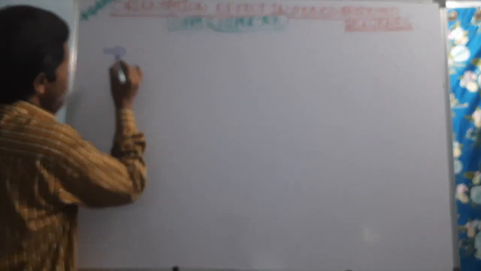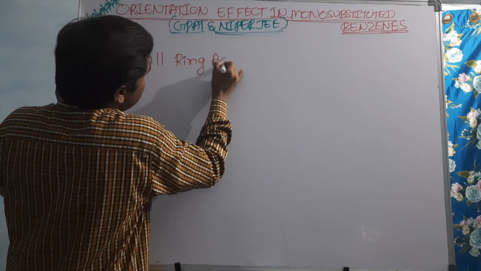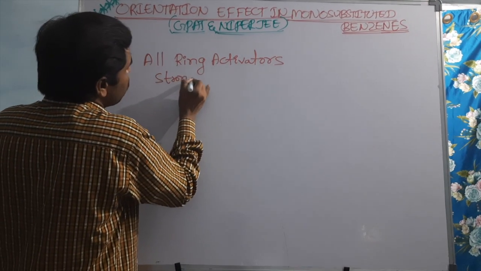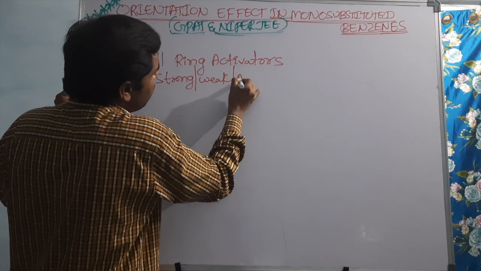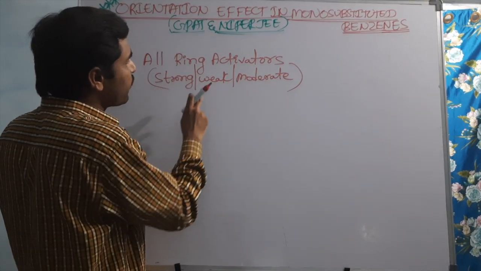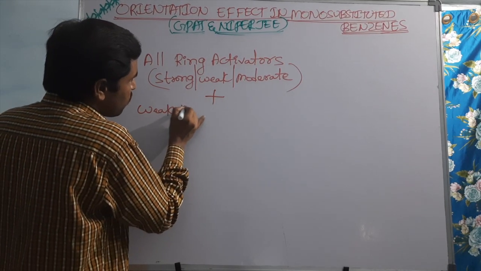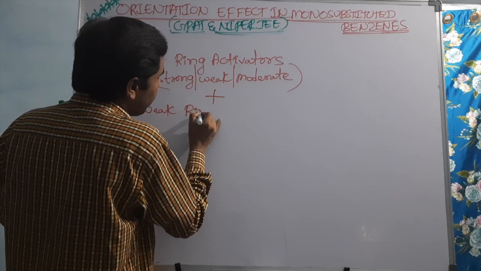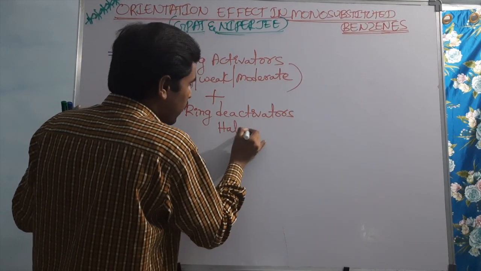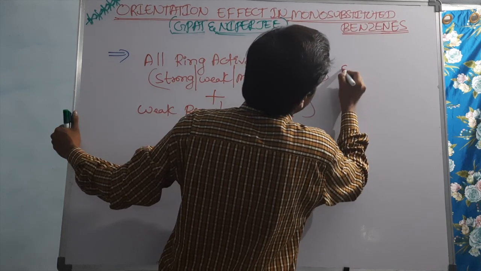So here the point is, all ring activators, whether they might be strong, weak or moderate ring activators, plus weak ring deactivators, that means halogens, can act as ortho para directors.